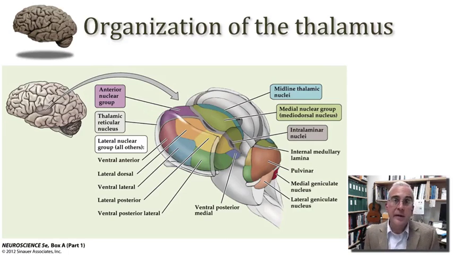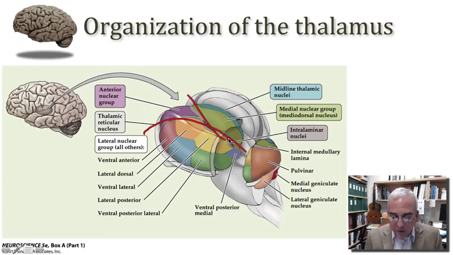Well, how can we make sense of these 20 or 30 subdivisions of the thalamus? I would suggest a pretty simple anatomical framework for doing so. When we look at the human thalamus, we see that it's roughly divided by a white matter layer that runs right through the middle of it.